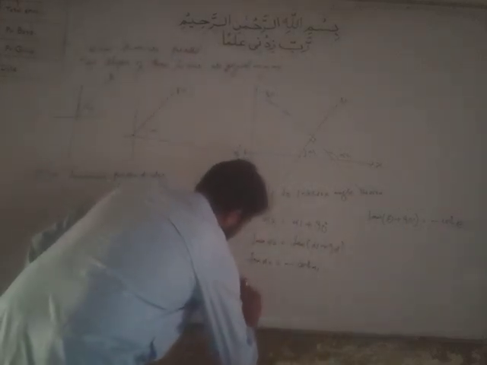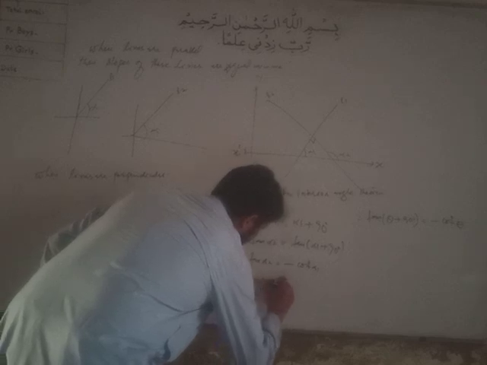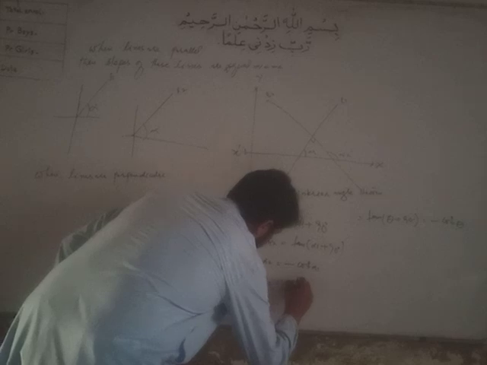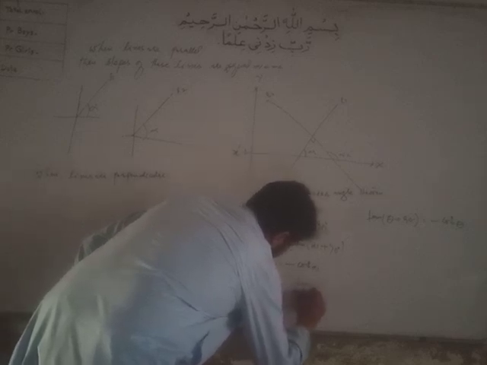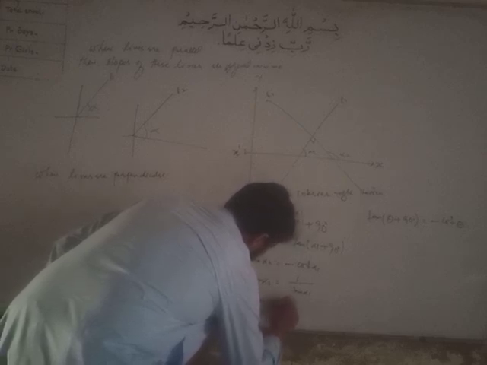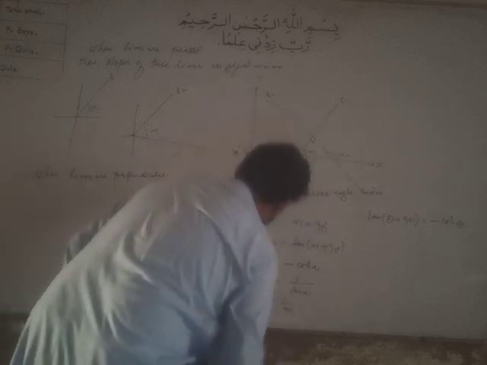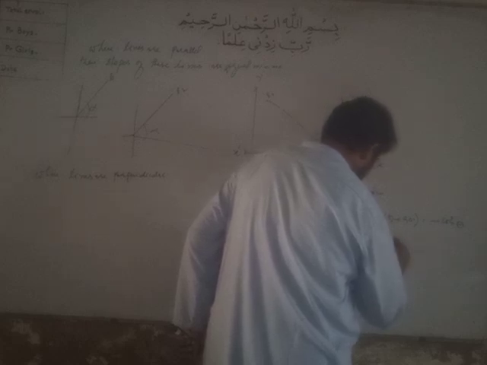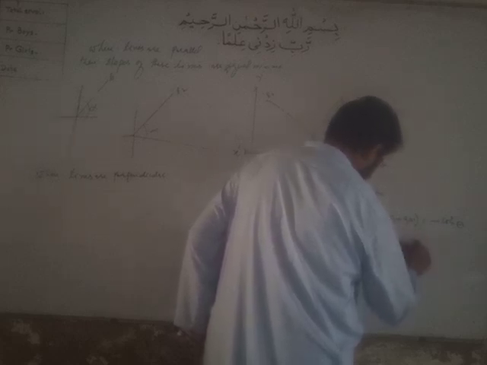So this is m2, and tan alpha 2 is equal to minus 1 upon tan alpha 1, so m2 is equal to minus 1 upon m1. So m1 into m2 is equal to minus 1.